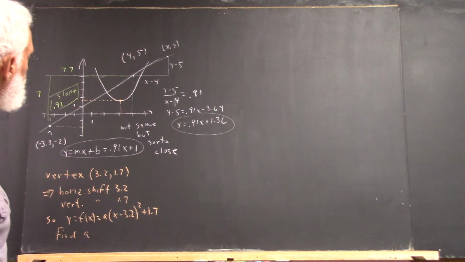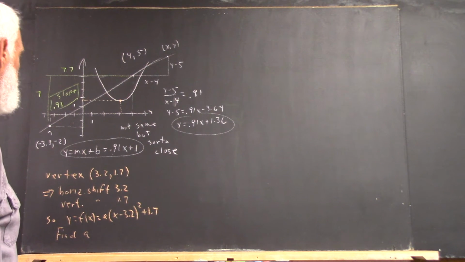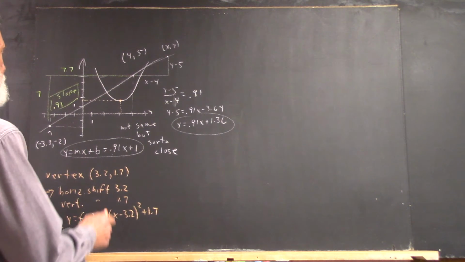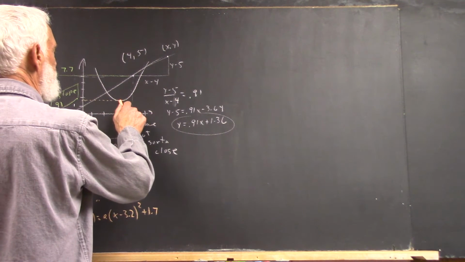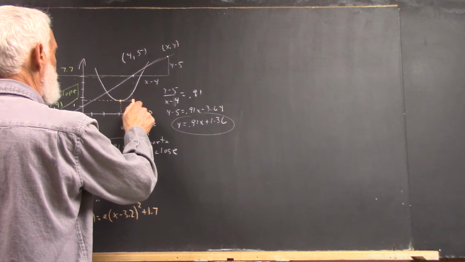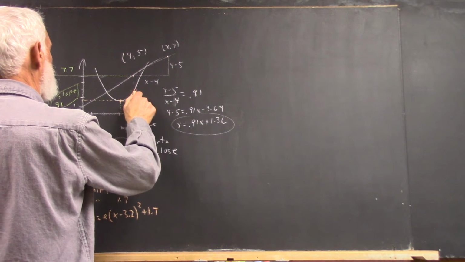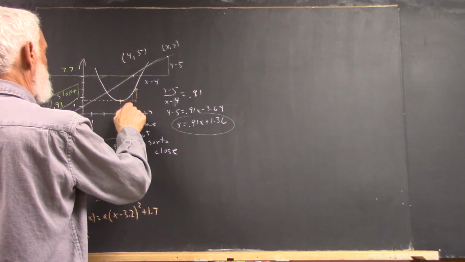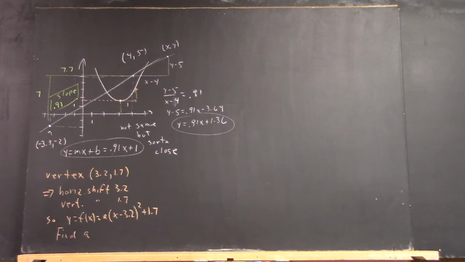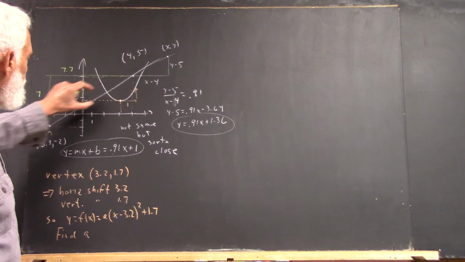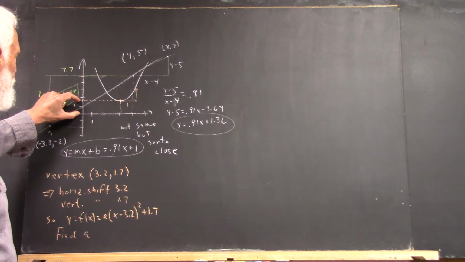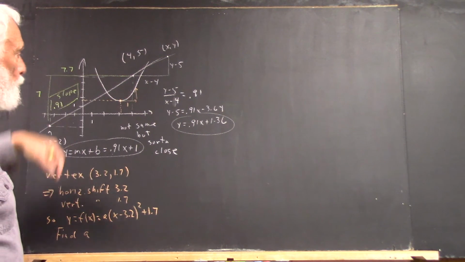Okay, so we could say, okay, well, A is your vertical stretch. So if you move over 1 unit here, how far do you move up? If I move over 1 unit, I move up this far. How far is that? Well, that's this far, which is about, on this scale, about 1.5.